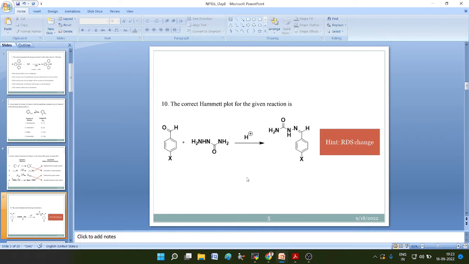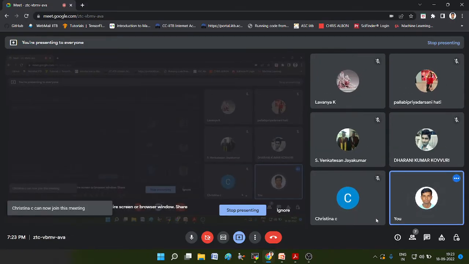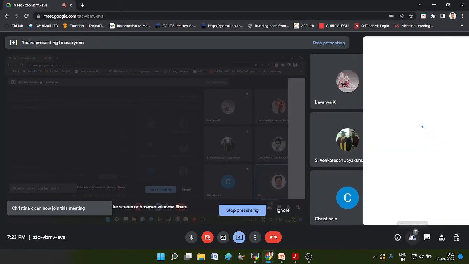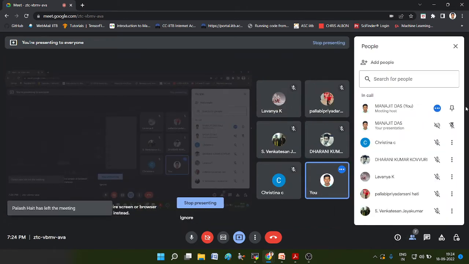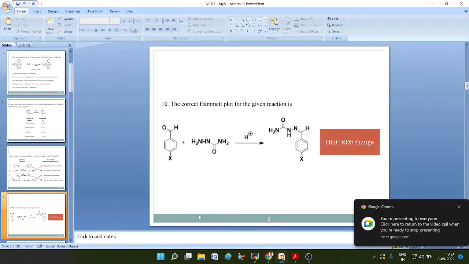I think you can see the reaction. This NH2 group will attack here and then this forms. Let me see how many of you are here. There are 6 of you. That's good. Please try to answer that question. This is the question.